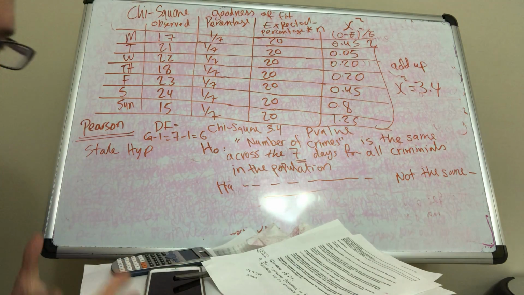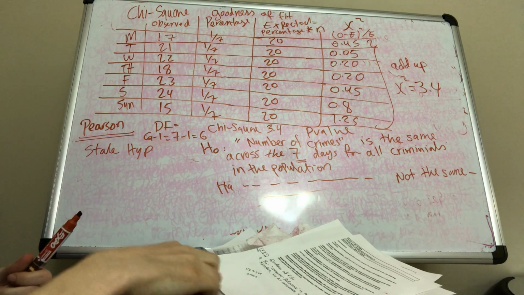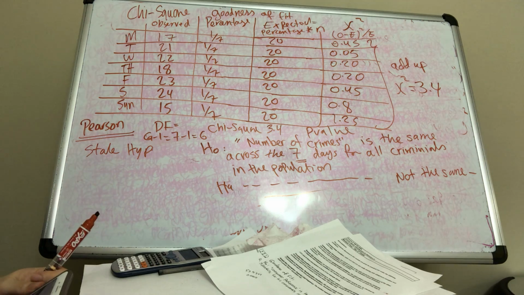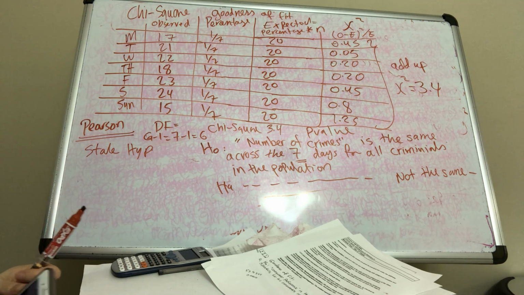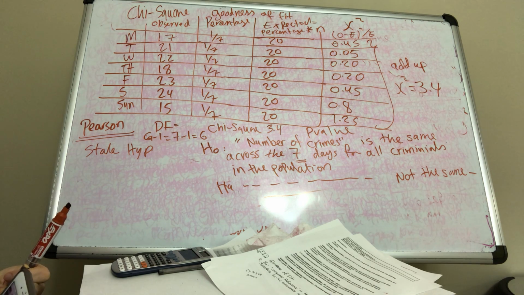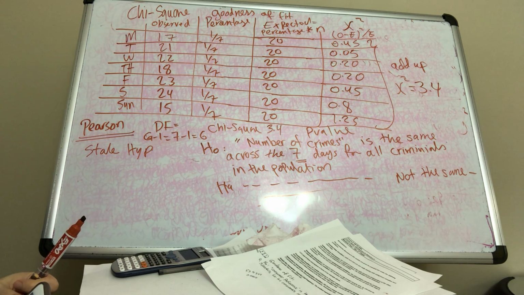P-value most likely will be provided in Minitab like they did in the assignment. But you can go to Google and just say chi-square table.